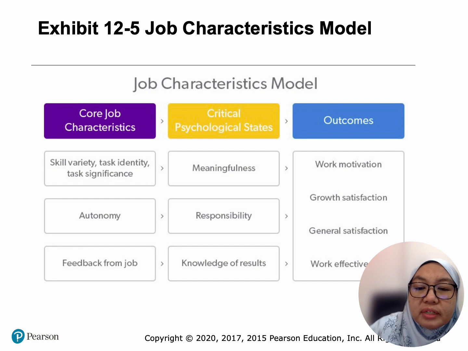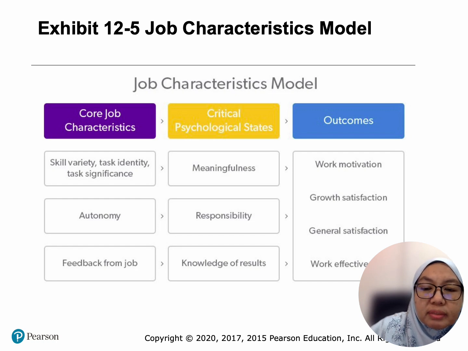Autonomy refers to the freedom, independence, and discretion given to the individual for scheduling the work and for determining the procedures to be used in carrying it out. Fifth, feedback is the degree to which carrying out the work activities required by the job results in the individual obtaining direct and clear information about the effectiveness of his or her performance.